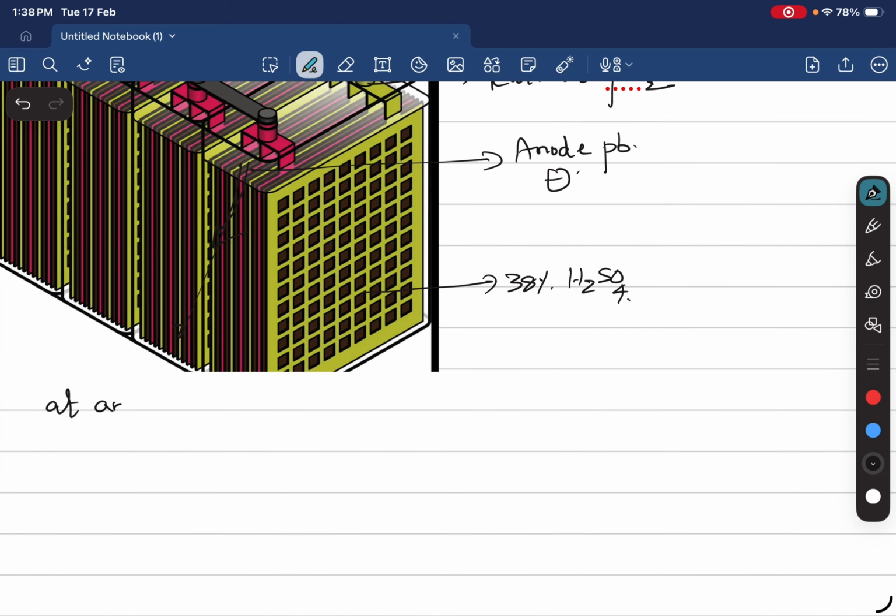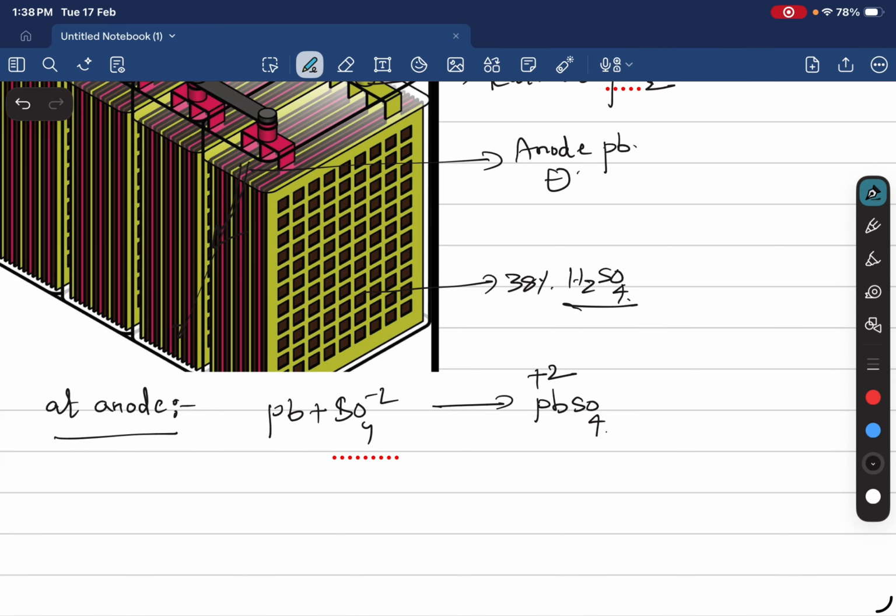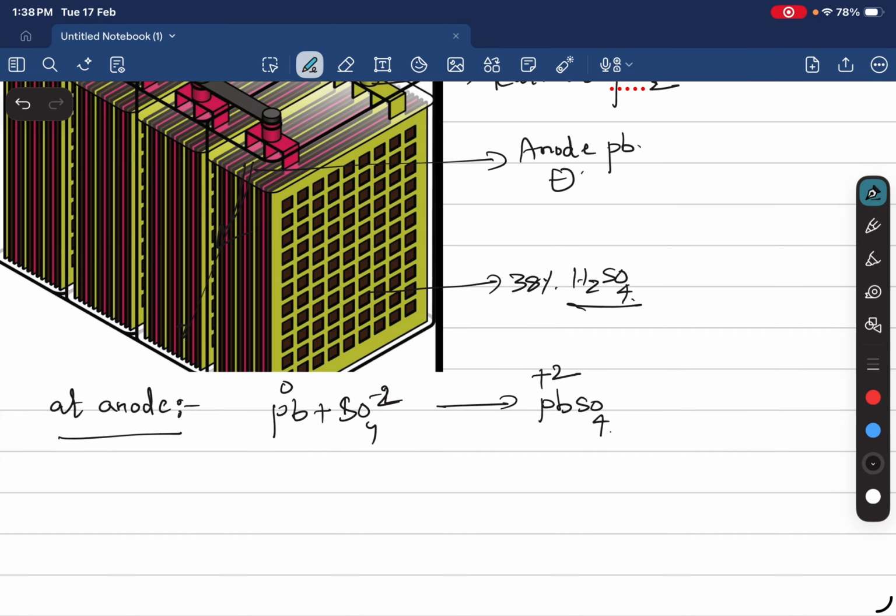At the anode, oxidation takes place, so Pb is converted into PbSO4 when it reacts with H2SO4, the electrolyte. So Pb is converted into PbSO4, where the oxidation state of lead will be +2. This will be 0 because SO4 is a -2 ion. Here there is a loss of 2 electrons, because 0 to +2 means loss of 2 electrons. At the cathode, what reaction takes place?